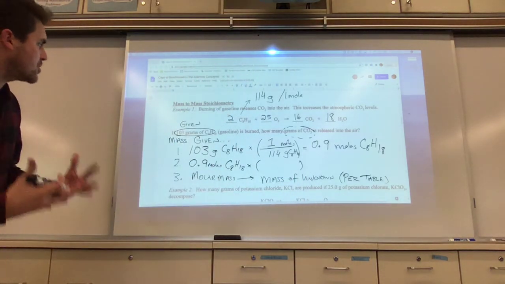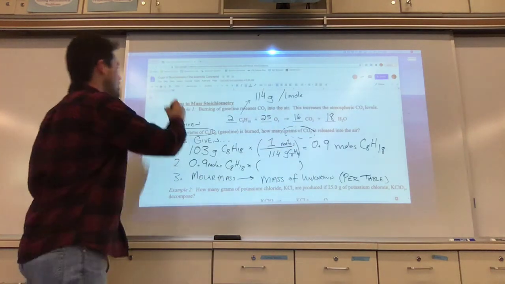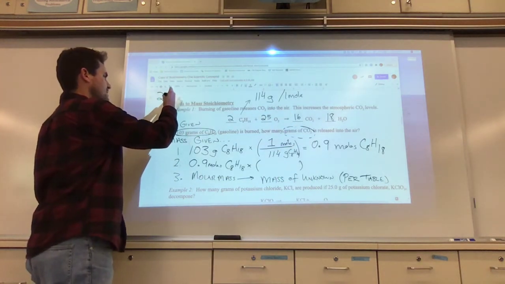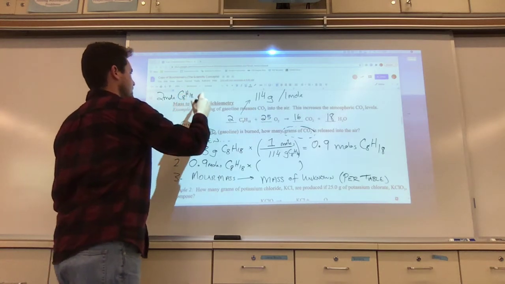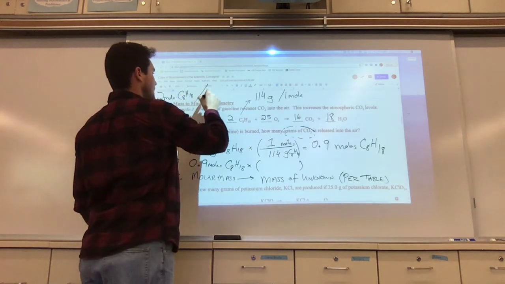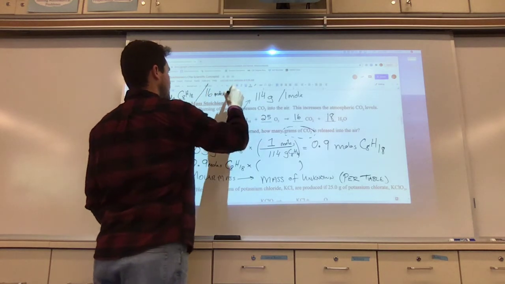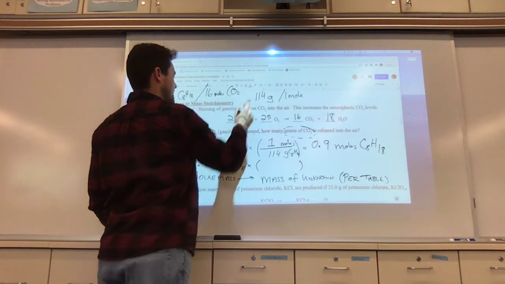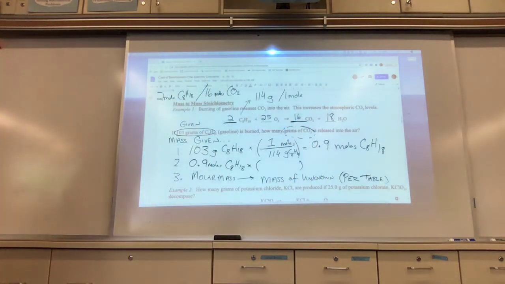Well, what is the conversion factor between octane and CO2? I know that there are 2 moles of C8H18 per 16 moles of CO2. It tells me in the balanced equation, 2 and 16.